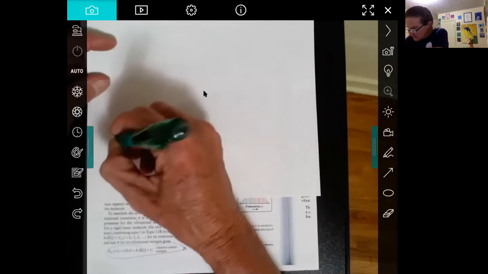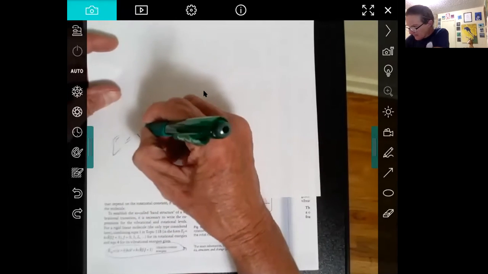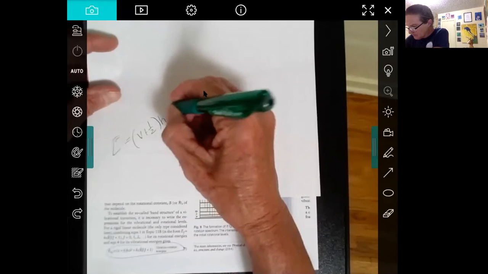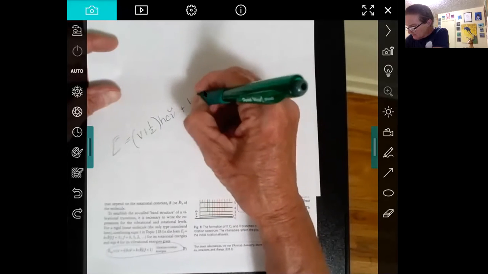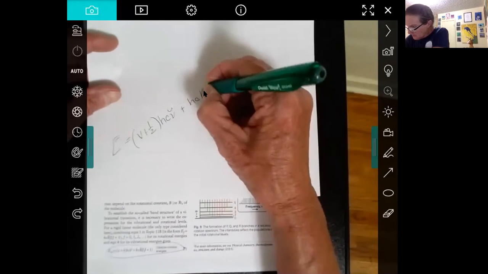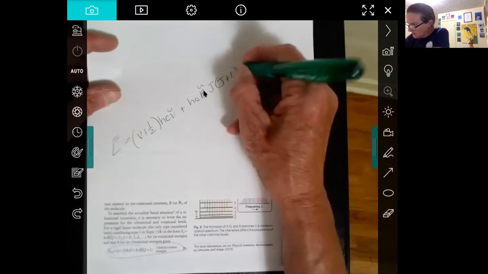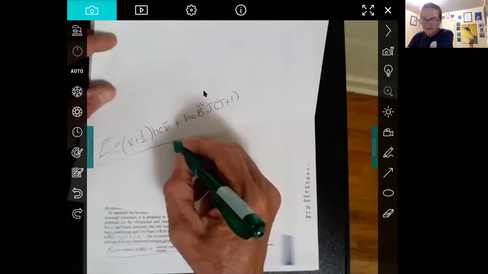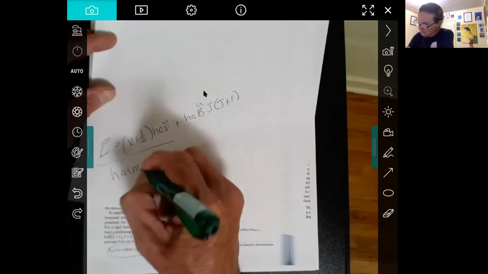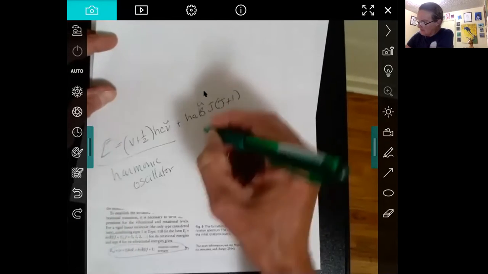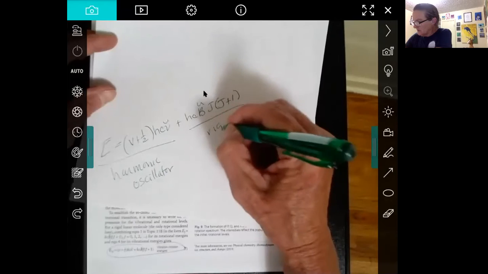So each transition is going to change the vibrational energy, and it's going to change the rotational energy. So these are the energies that we used for the harmonic oscillator. We're going to add to that the rigid rotor energies.